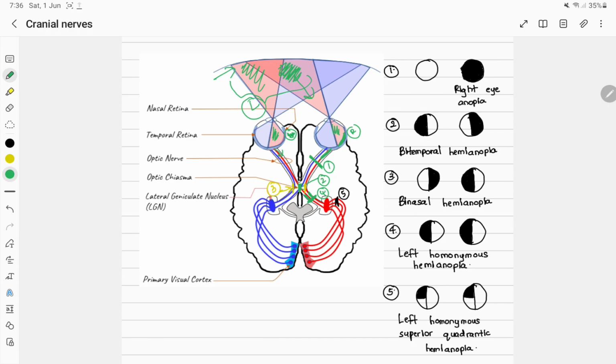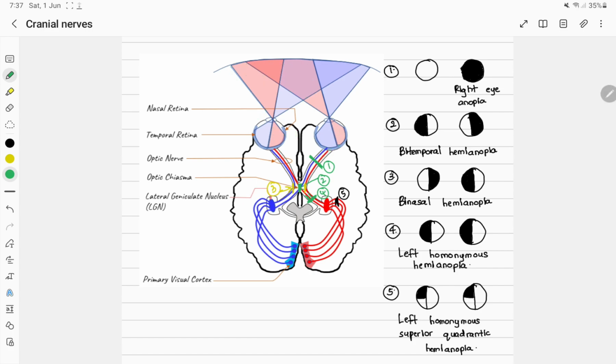So, you can see if the damage occurs in the right-sided optic tract, there can be left-sided homonymous hemianopia. That means we cannot see the left-sided visual field in both eyes. In the left eye also we cannot see the left-sided visual field. In the right eye also we cannot see the left-sided visual field. That's why we call it left homonymous hemianopia.